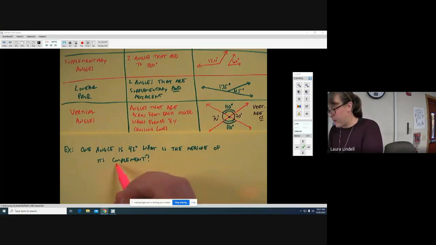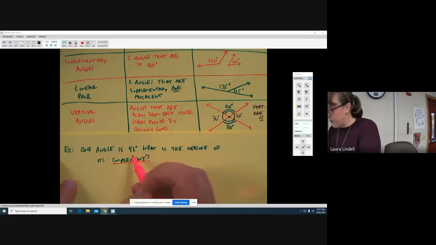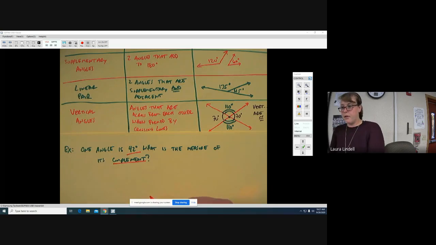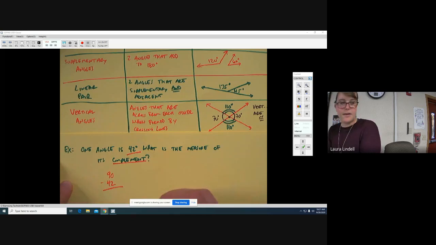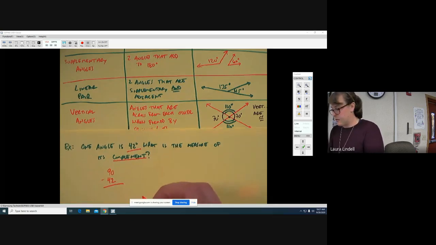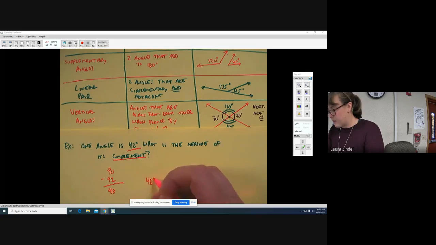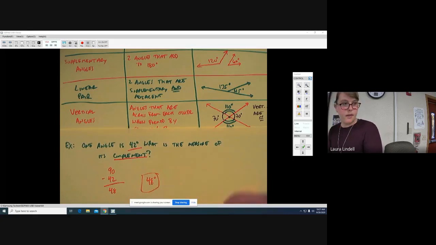All right, so we've got the word complement, which means we're dealing with complementary angles, and we know one angle is 42 degrees. So looking back at your notes, we know that complementary angles add to 90 degrees. So all I have to do is go 90 minus 42, and that should give me my other angle, 48. So 48 degrees would be our answer there.